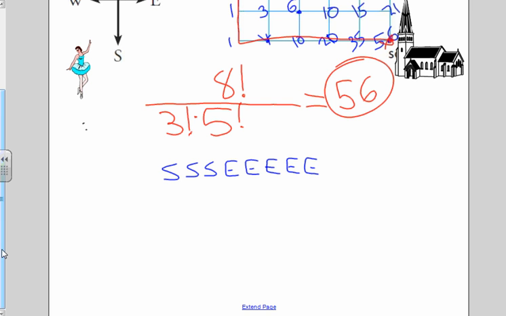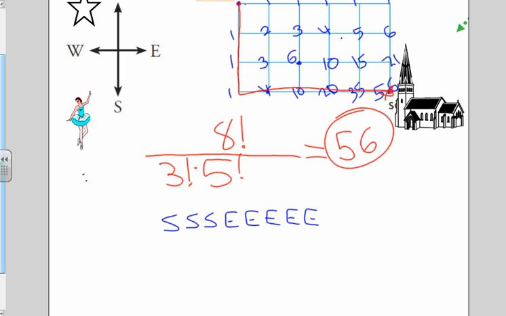Okay? Let me tell you what I think. If you take a look up here, we have this series of letters here. It's kind of like a word that doesn't really make any sense, right? S, S, S, E, E, E, E, E. What do you think that means? Good. So I'm using just the first letter to say south, south, south, east, east, east, east, east, right? And this question is basically asking you, these are my directions for Julie.